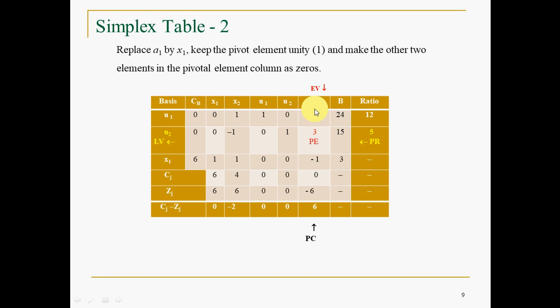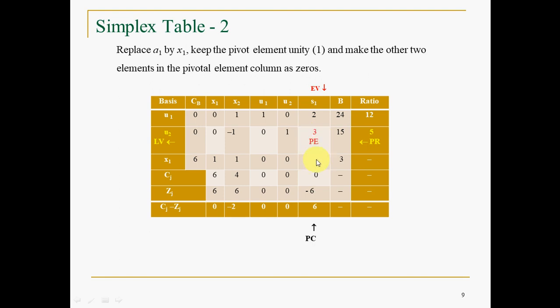And this value somehow you have to make 0. Always keep the pivot element as 1, then operate on this and this. It will become very easy. If you make the pivot element 1, accordingly these values will change. How to make this 0? This is 1, this is minus 1. Just if you add R2 and R3, it will automatically nullify.